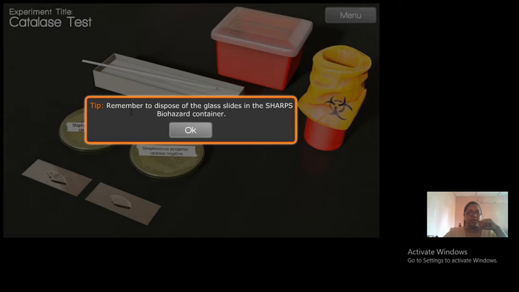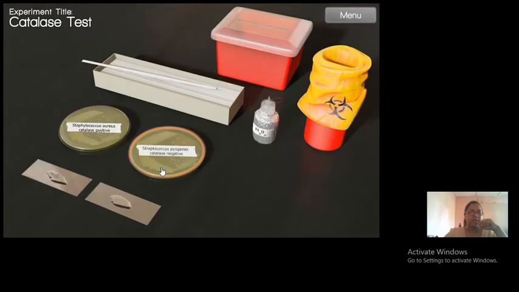So Streptococcus pyogenes did not show any bubble formation, so it is catalase negative. Staphylococcus aureus did show bubble formation, which you can see now also. If you look at this slide, which we used for Staphylococcus aureus, you see bubbles coming out of it now. So this is positive and this is negative.